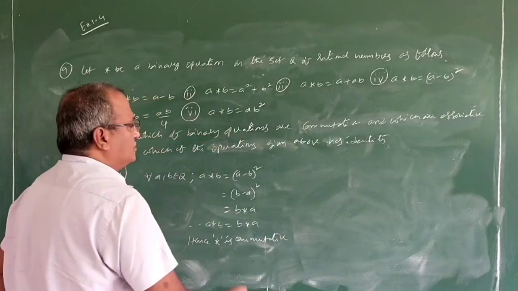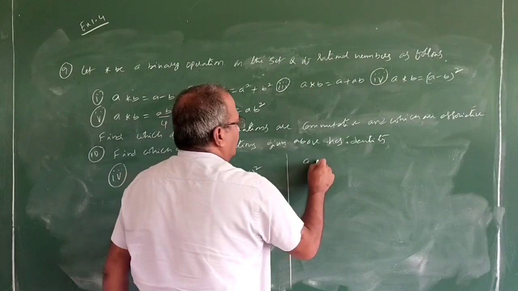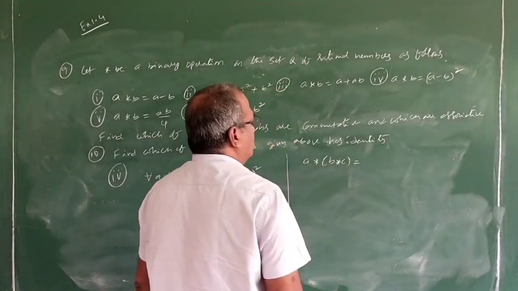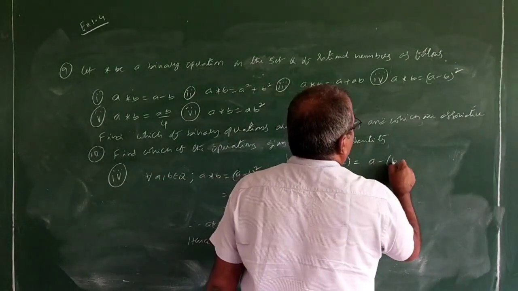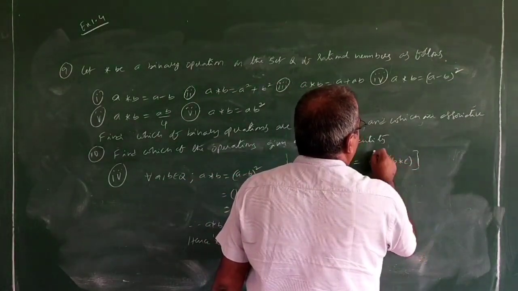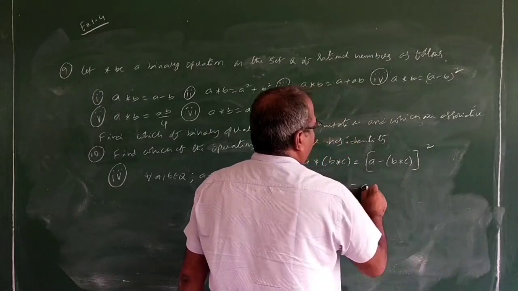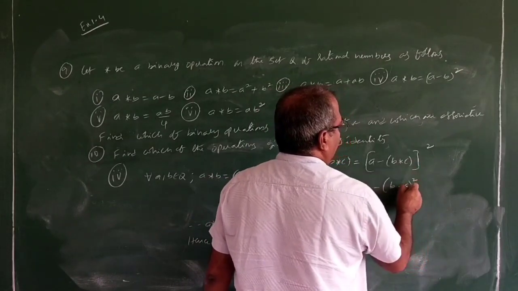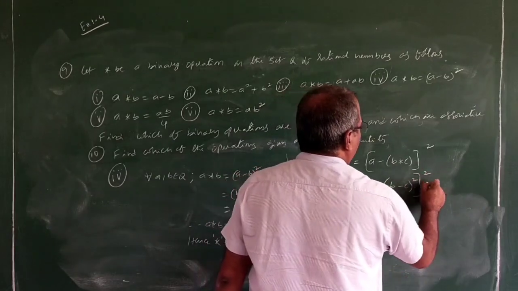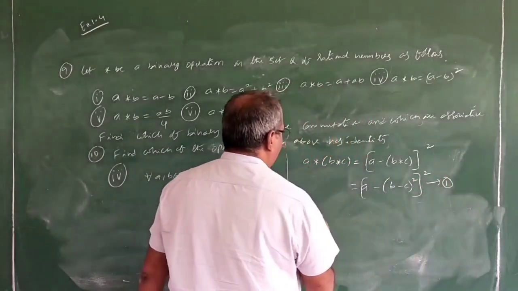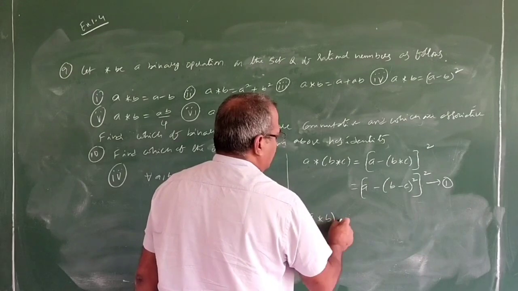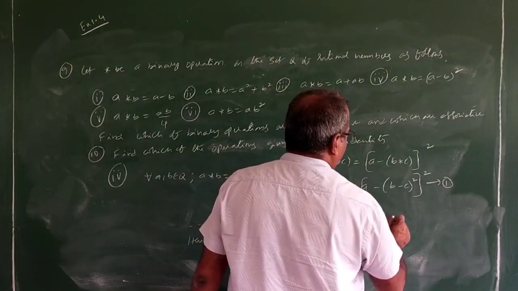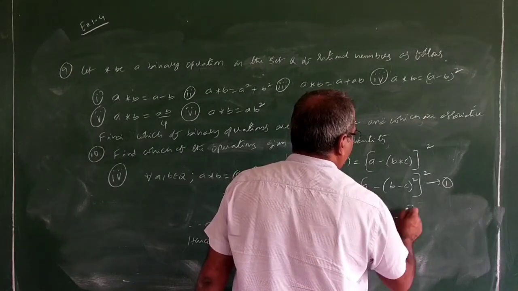Now to prove associative, A star of B star C is equal to A minus of B star C whole square, that is A minus of B minus C whole square inside whole square. You take this as 1. A star B star C is A star B minus C whole square.